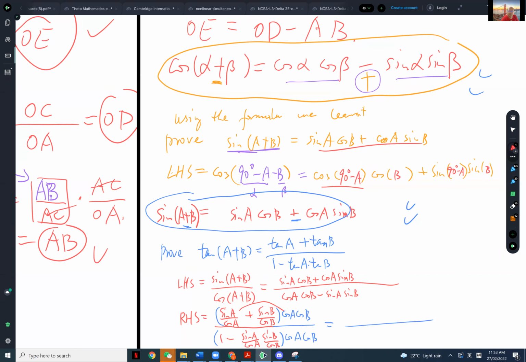But we have cos A cancelled. Therefore, left-hand side equals right-hand side.